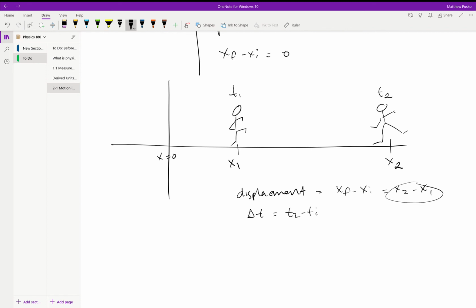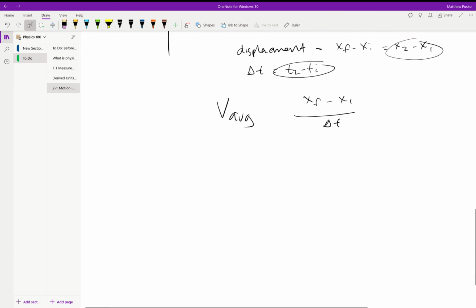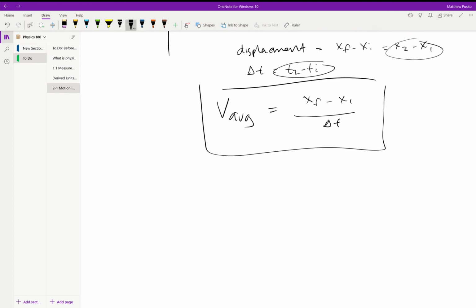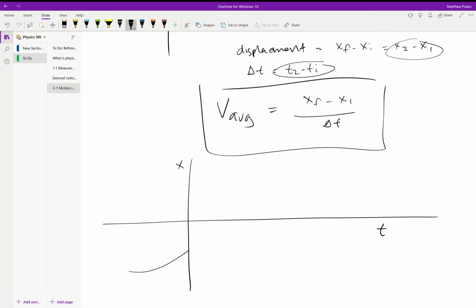If we take the ratio of this to this, x final minus x1 over delta t, we get the average velocity. Okay. And this is a big one. It's important because what if we had a graph, and this is something's position versus time, and maybe it looks like this.